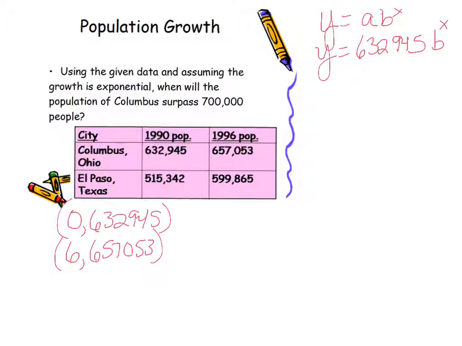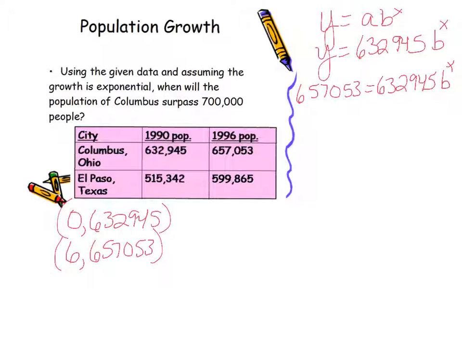I'm going to use the second ordered pair to find the B value for this problem. I know that the population is growing, so it'll be a B value that should be bigger than 1.